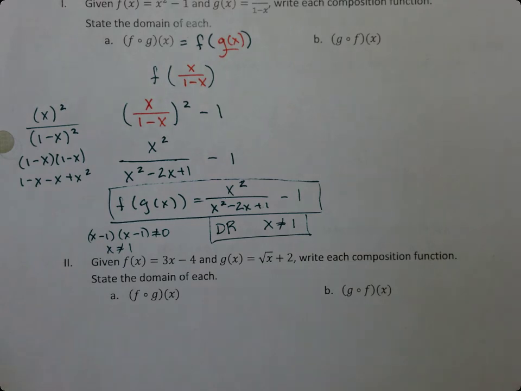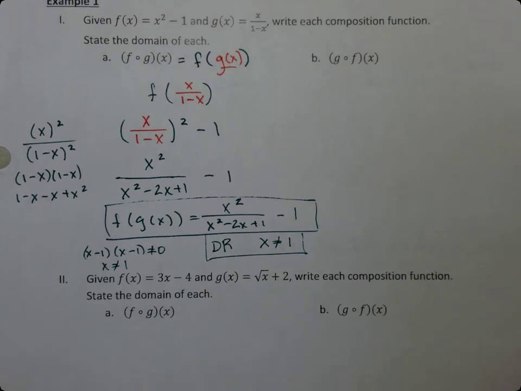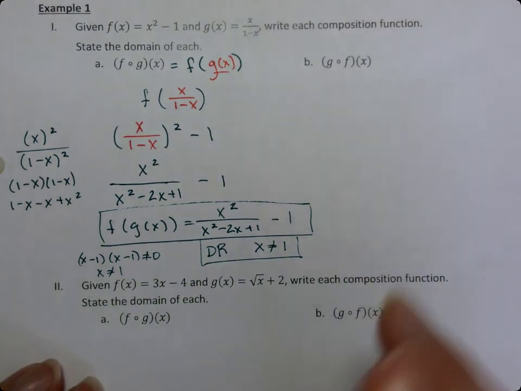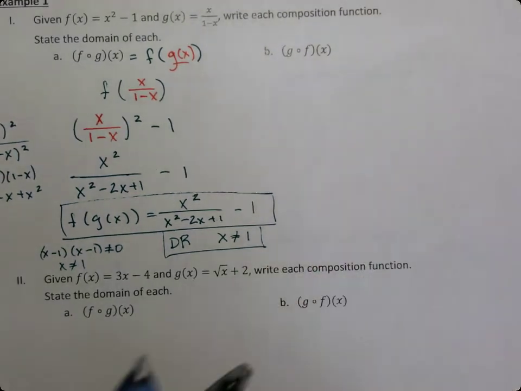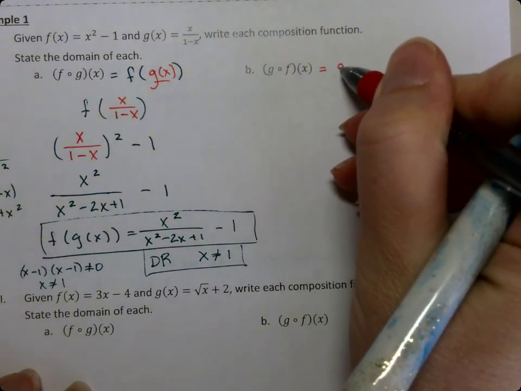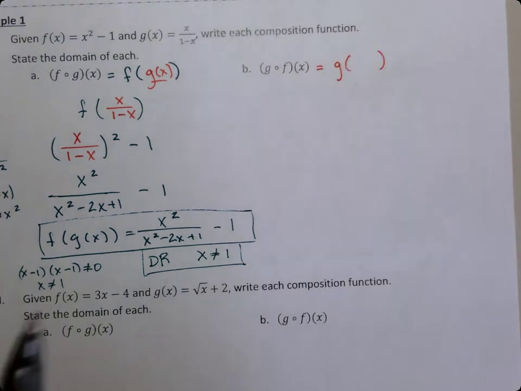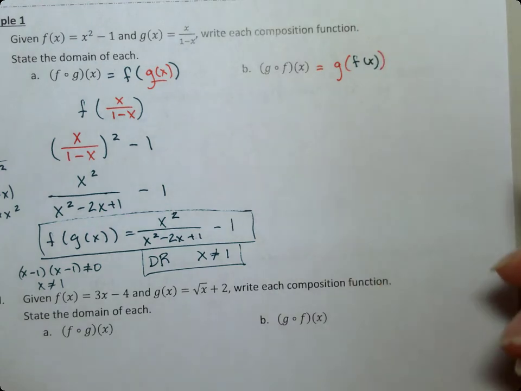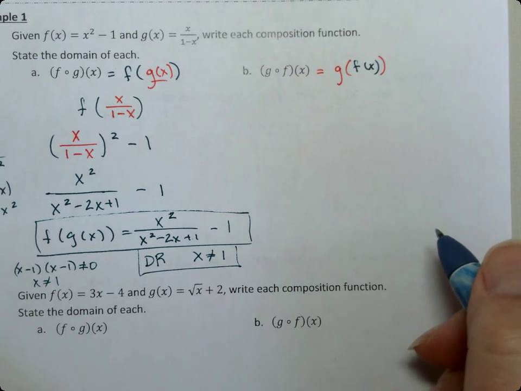Now, we are going to do the same functions, but we are going to do a different composition. So here we go. I'm going to collapse this, and I'm going to rewrite my function as g of f of x. Now, I'm only using the colors to help differentiate. You don't need to use the colors.